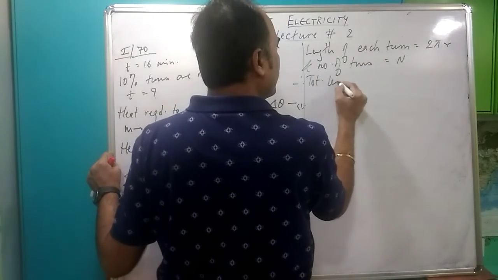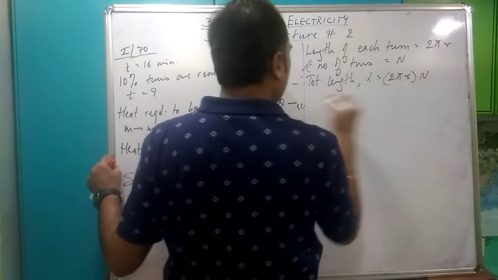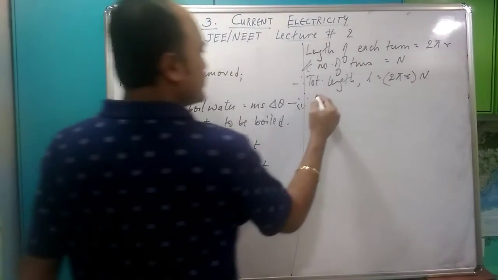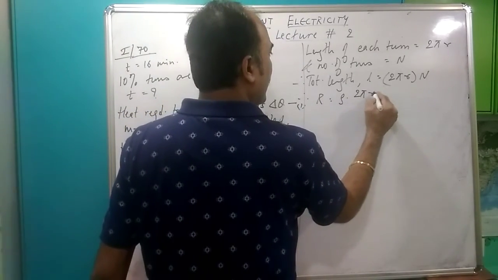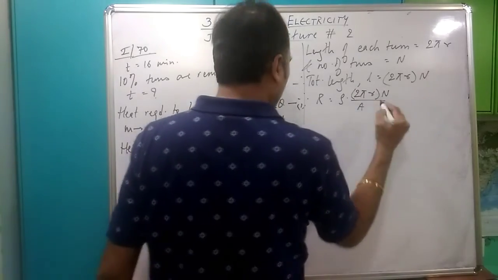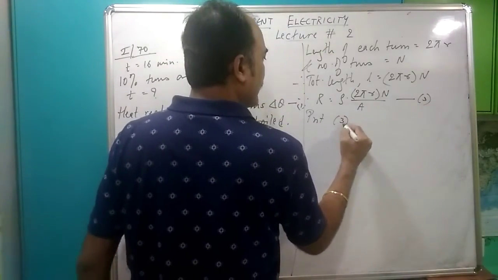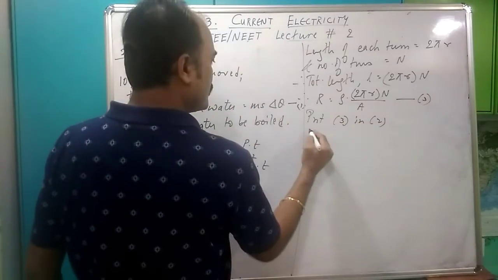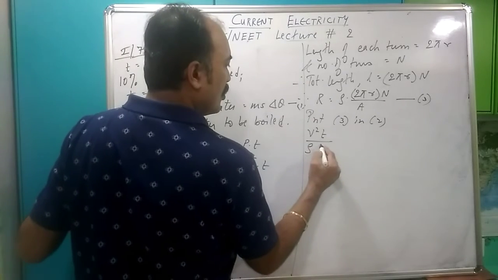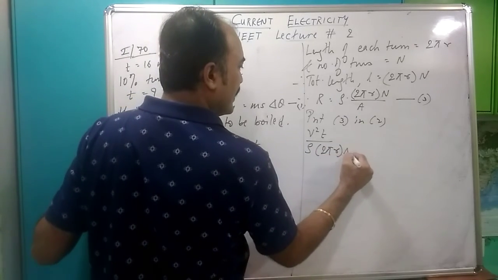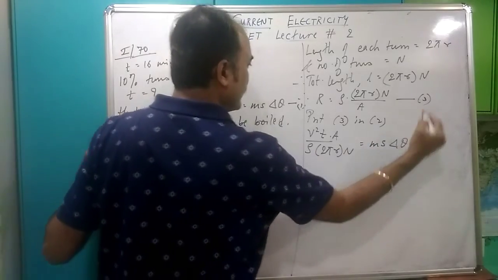So the total length L is 2 pi r the whole into n, and as a result your resistance R becomes rho into 2 pi r into n the whole over A. Now put equation 3 into 2. What do we have? V square t by R, in place of R we put rho 2 pi r into n over A, and that goes up, is equal to m s delta theta.